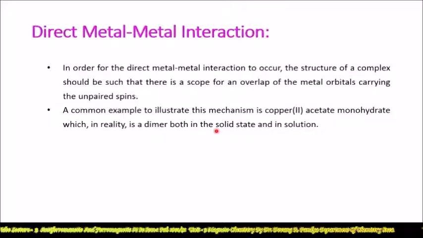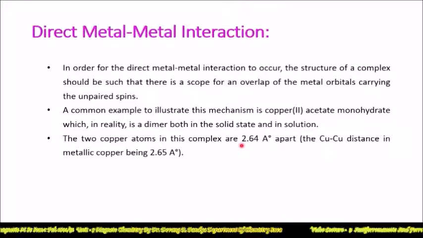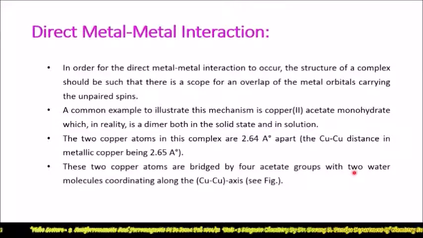The two copper atoms in this complex are 2.64 angstrom apart. That is the distance between the two copper metal atoms, 2.65 angstrom. These two copper atoms are bridged by four acetate groups with two water molecules coordinating along the copper-copper axis.